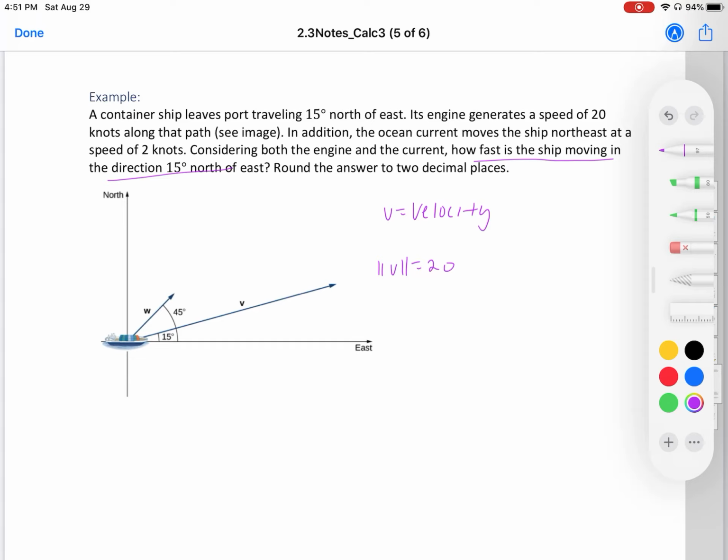We just need to add the scalar projection of w onto v. All right, so to find this answer, we're going to go ahead and take the dot product of v and w divided by the magnitude of v.